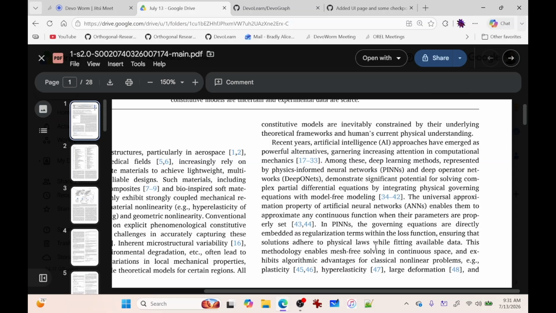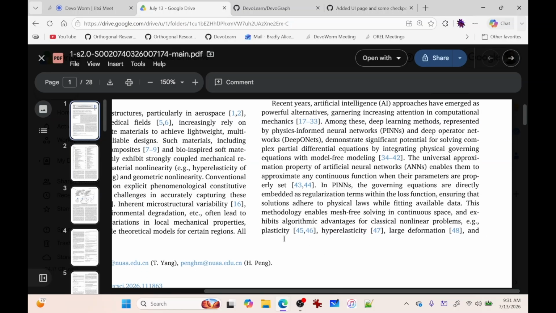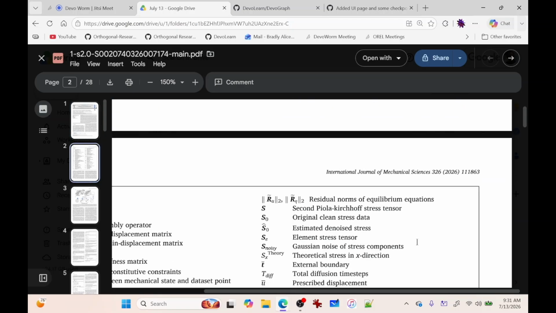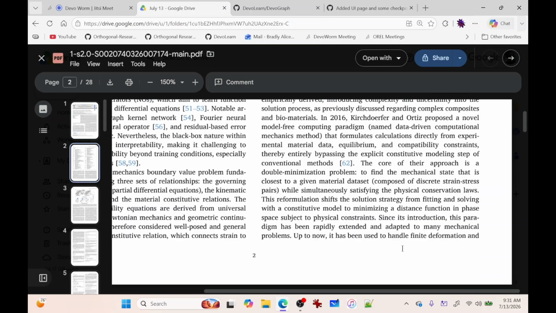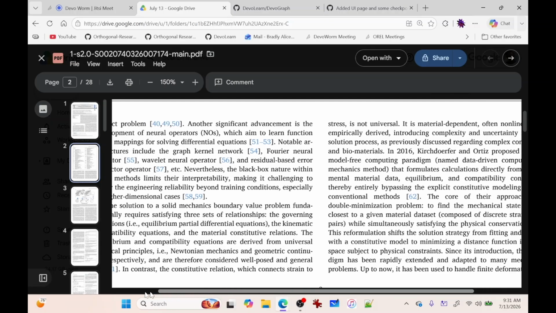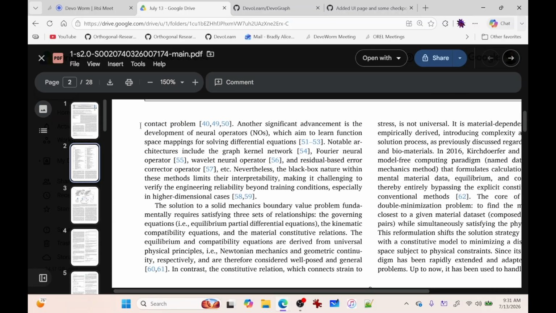This methodology enables mesh-free solving in continuous space and exhibits algorithmic advantages for classical nonlinear problems, such as plasticity, and this is material plasticity, hyperelasticity or material hyperelasticity, large physical deformations, and the contact problem, or how things contact each other, or how they contact the substrate.